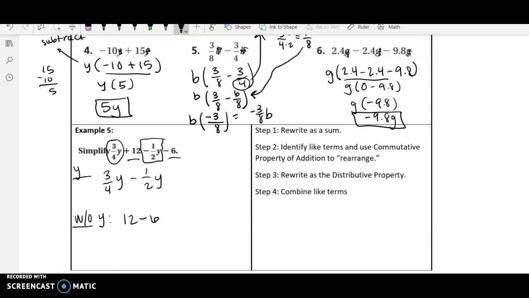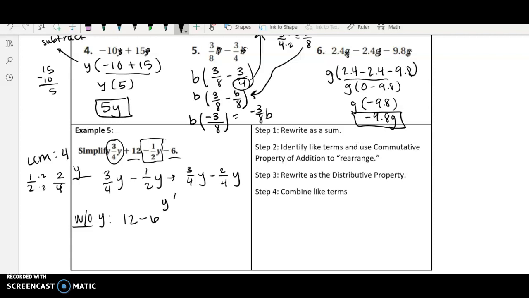So over here, we need an LCM. Our LCM is going to be 4. So I can make 1/2 turn into something over 4 by multiplying by 2. So 1 times 2 is 2. So now this is going to be 3/4 y minus 2/4 y.